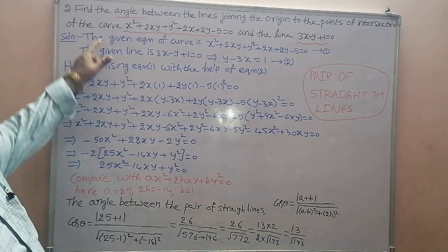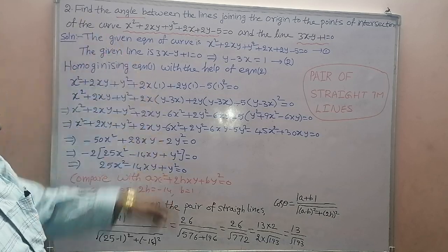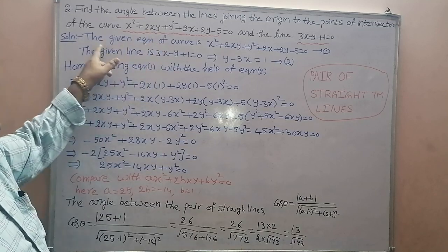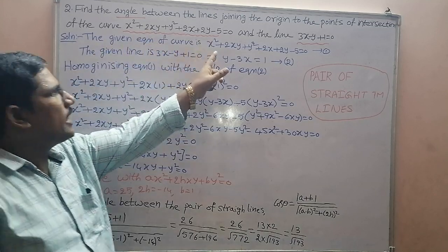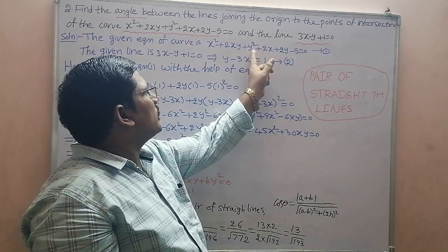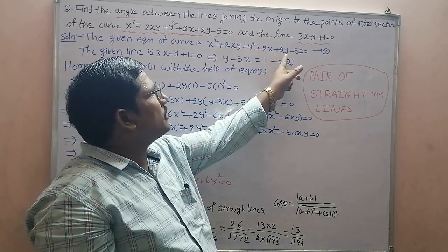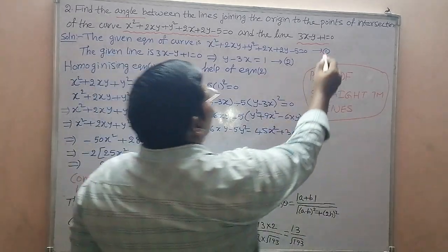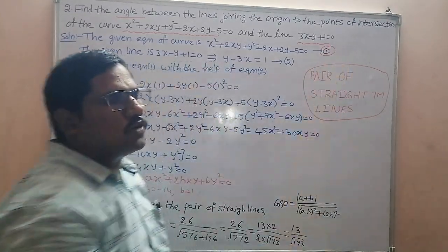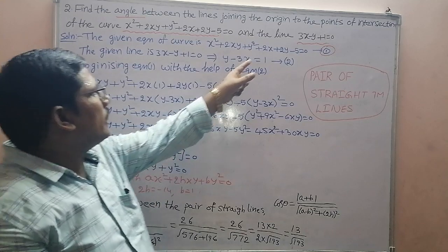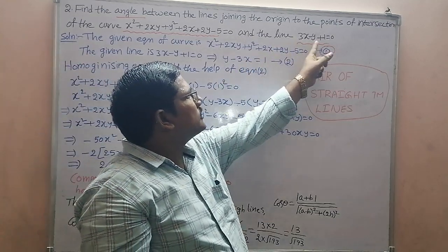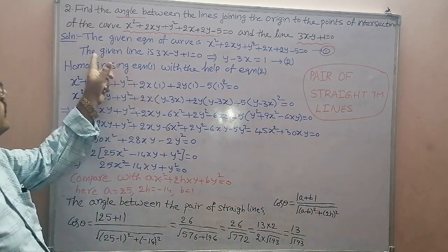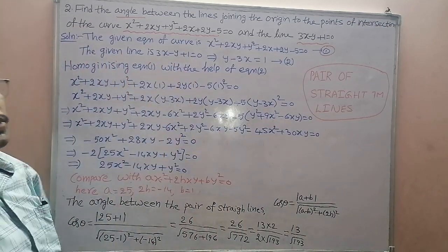So this is the given question. First we write the given curve equation: x square plus 2xy plus y square plus 2x plus 2y minus 5 equal to 0. This is equation 1. Next, the given line is 3x minus y plus 1 equal to 0.